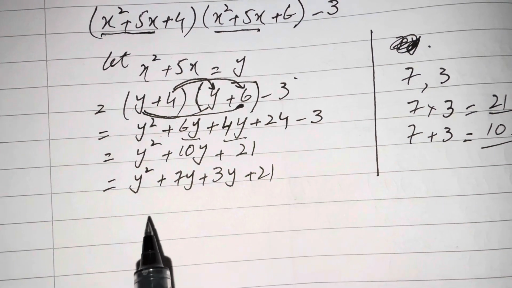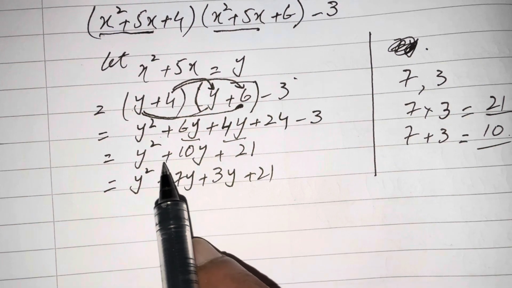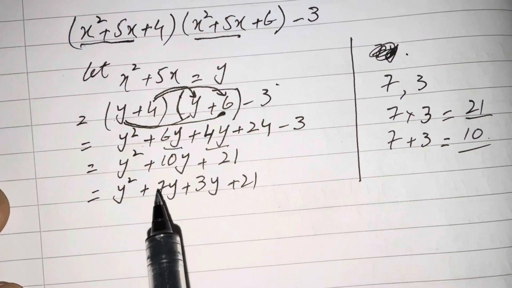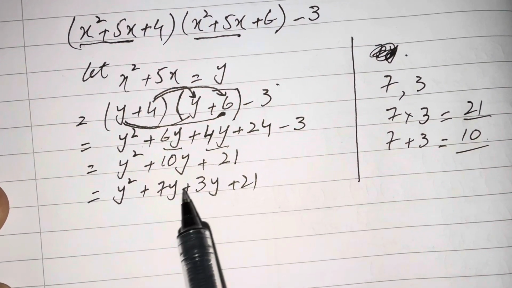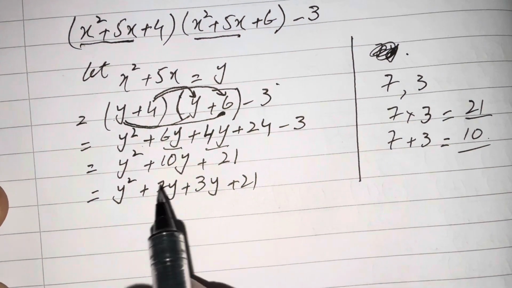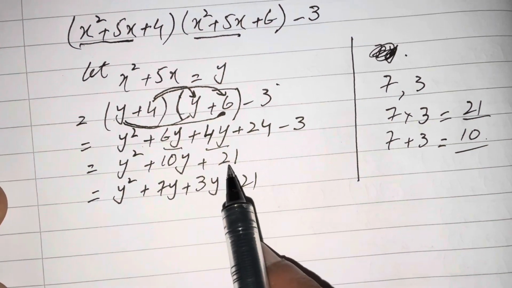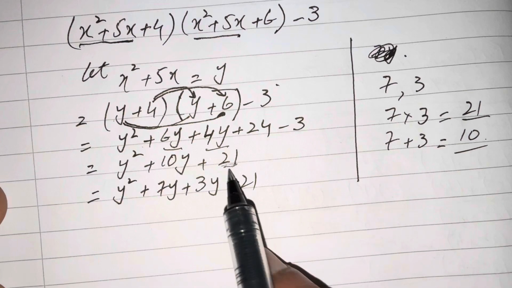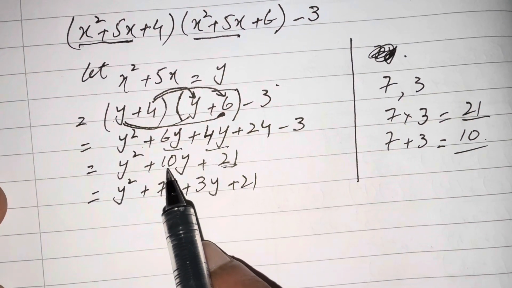So how we factorize the expression by making the pairs. I'm not going to tell you about the things in detail, as we have already studied that. The simple formula is that we have to find two numbers that multiply with each other to give 21, and when we add these two numbers, the answer will be 10.